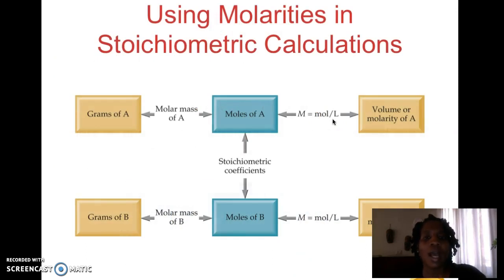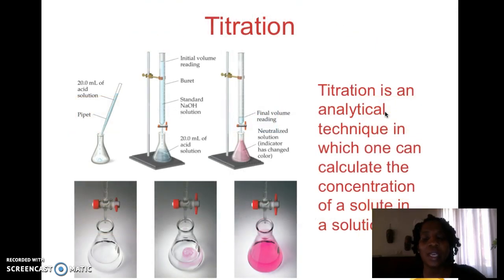So again, if you recall, we have moles as our central unit, which we use along with the coefficients from our balanced equation. And now we have yet another relationship to moles, which is going to be your molarity. So now we can use molarity in our stoichiometric calculations.